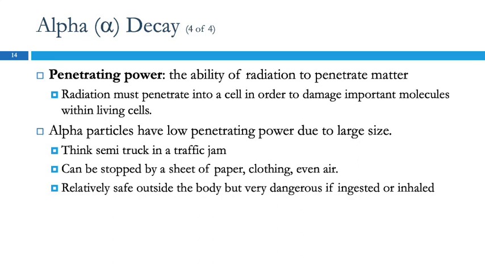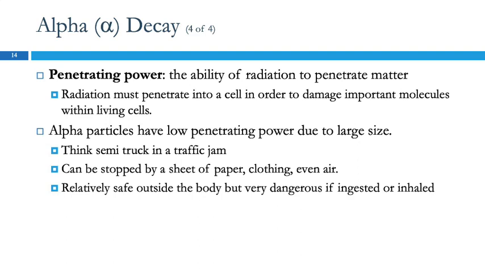Alpha particles don't go through matter very well. Alpha particles can be stopped by a piece of paper. Even a fair amount of air will stop them. A t-shirt, right? It's going to stop it. So, in order for radiation to damage living things, it has to get into the cell. Alpha radiation has a hard time getting into the cell, right?